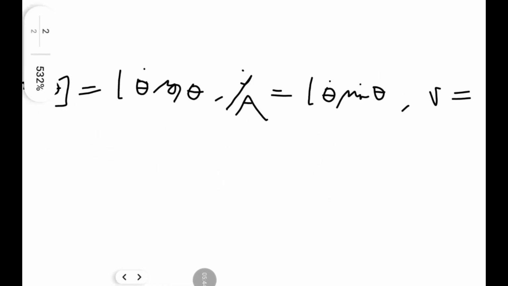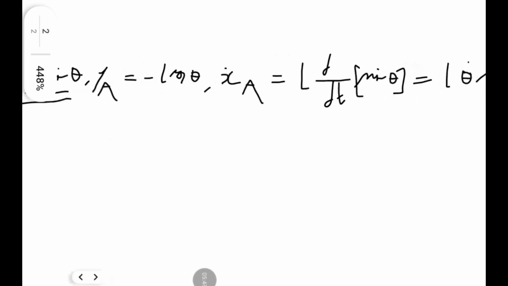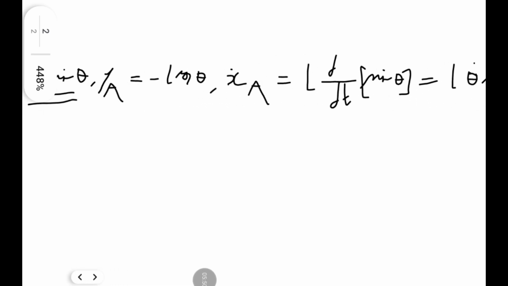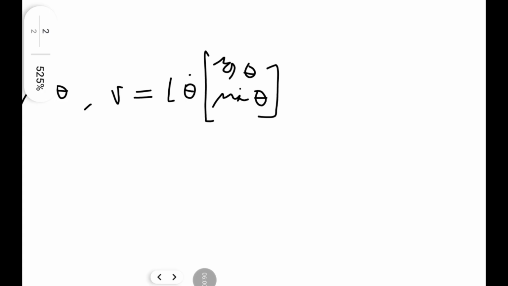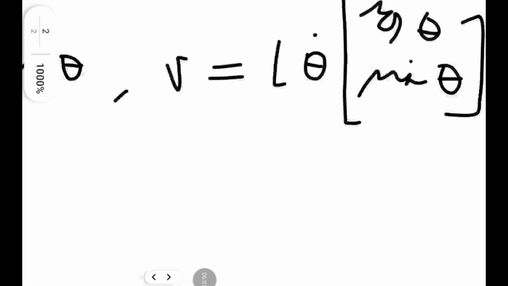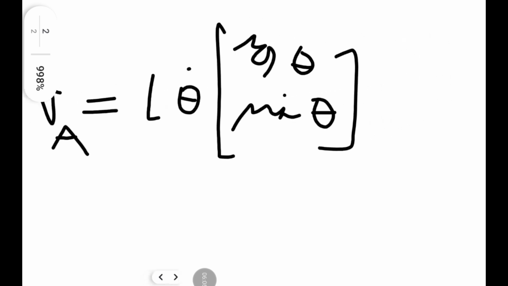Remember, it's positive now because when you differentiate cosine of theta, that becomes negative sine of theta. But because there's a minus already there, it's a double negative, so it becomes positive sine of theta. That's the vector for the velocity of point A, which we're going to be needing.